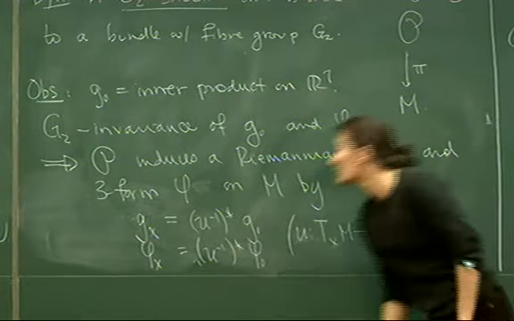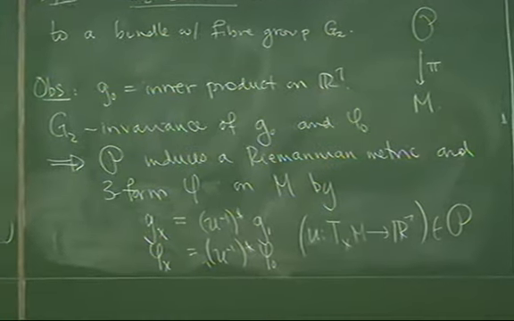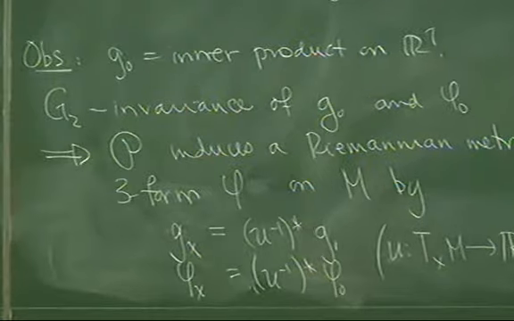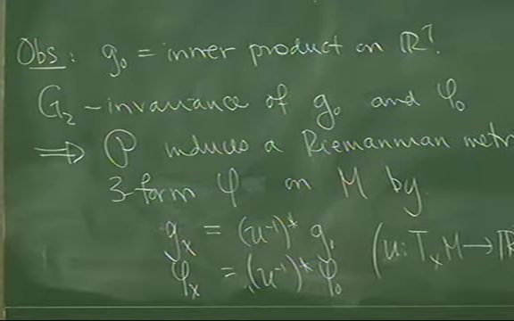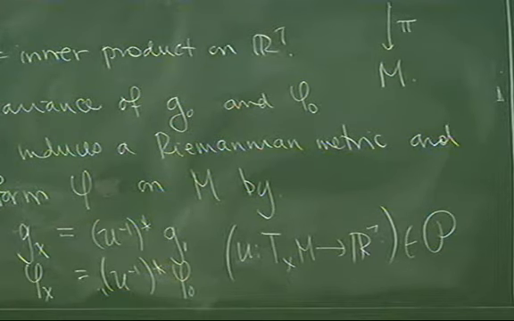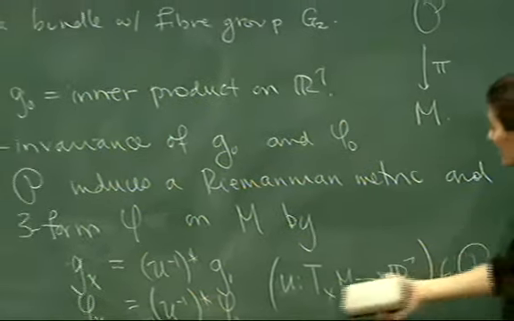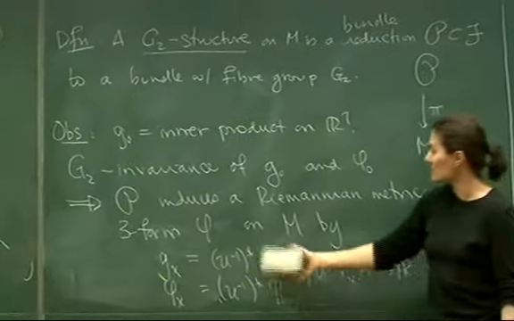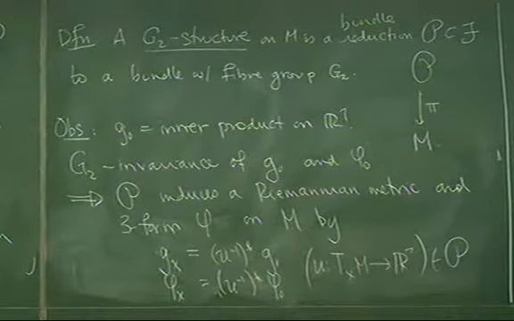Now, in general, if I'd stayed upstairs on the GL7 bundle, g and phi would not be well defined, but since we're only taking coframings in the G2 structure, this is all well defined.